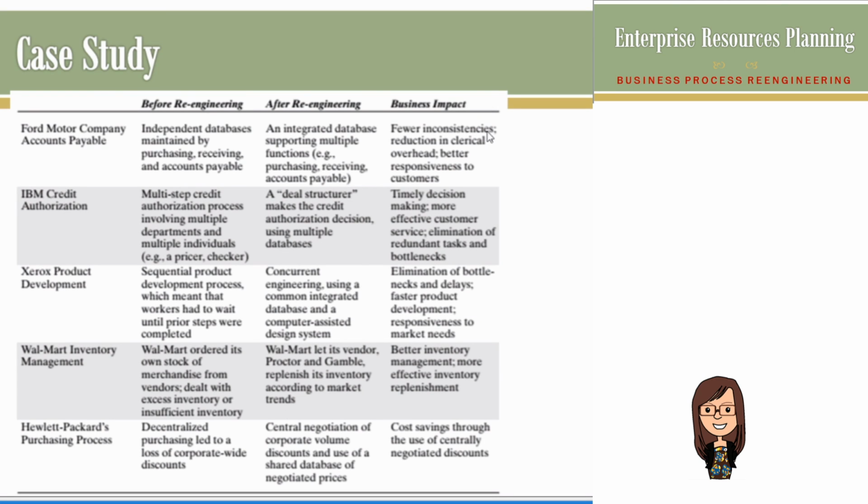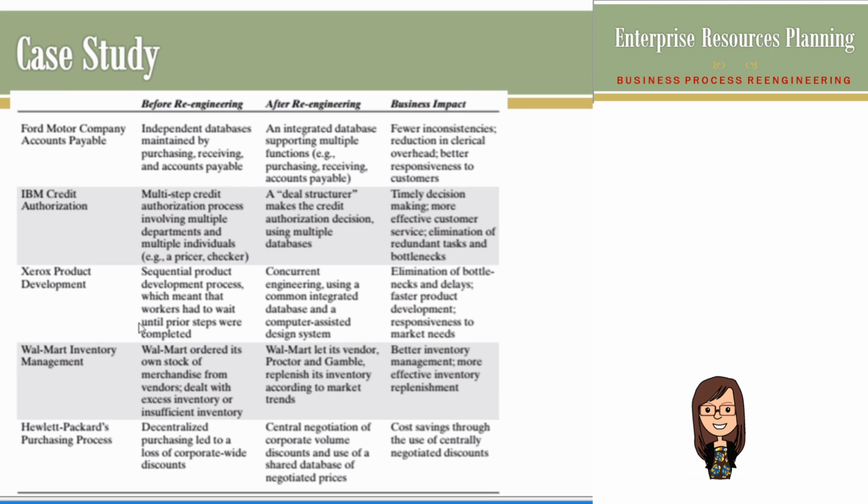So this is an example of a case study in some companies, what happened before and after they did the re-engineering process. There will be fewer inconsistencies, decision making becomes faster, there's no more bottleneck process, no more delays, and the product is developed faster, and so on, with better inventory management.